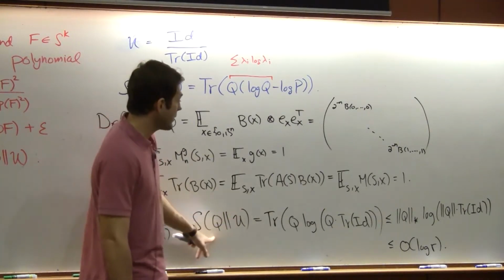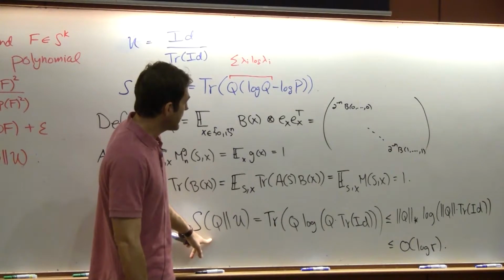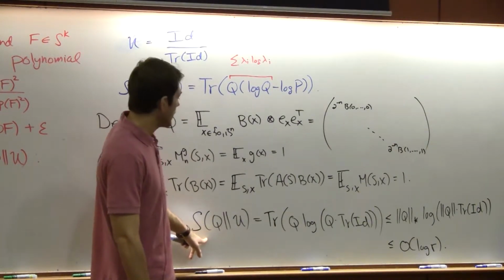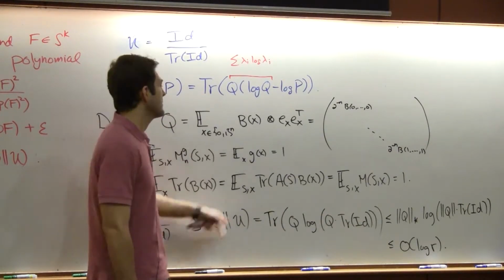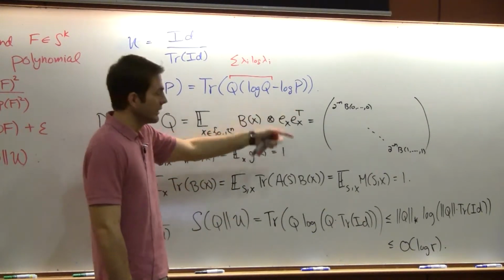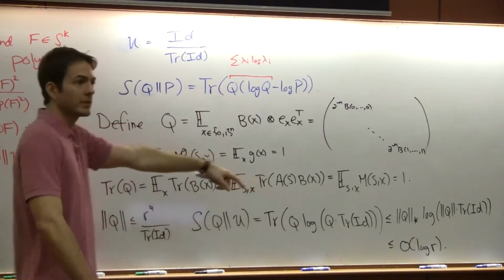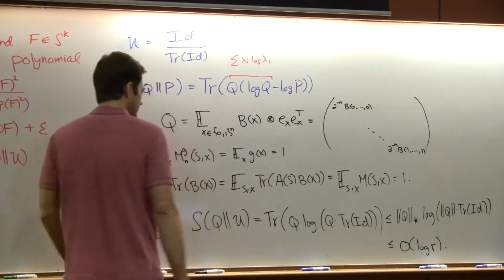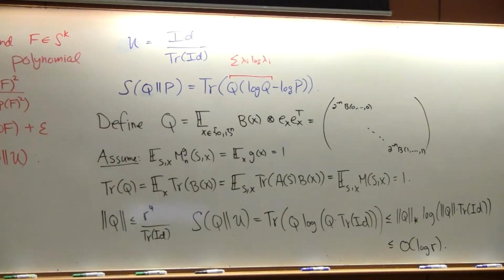But this could be as large as log of the dimension, and we don't even know what the dimension is; it's something huge. When it's a very tiny value, this thing is very, very close to the uniform measure in the relative entropy distance.